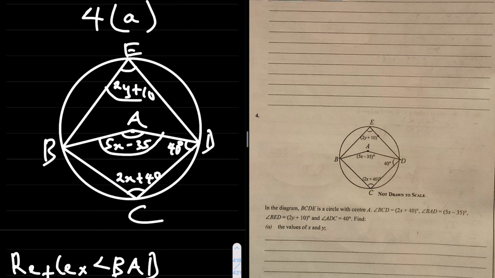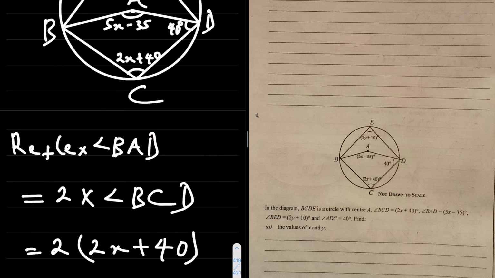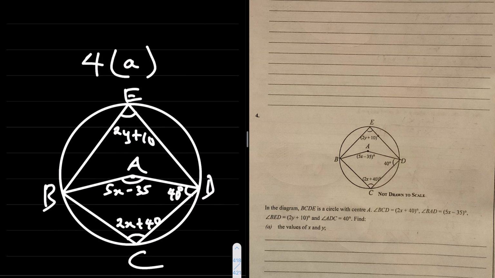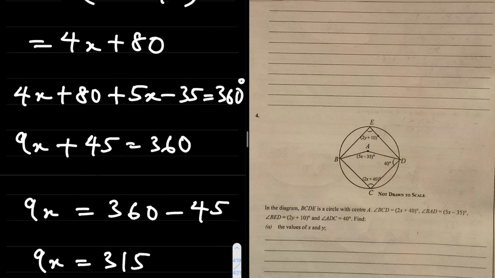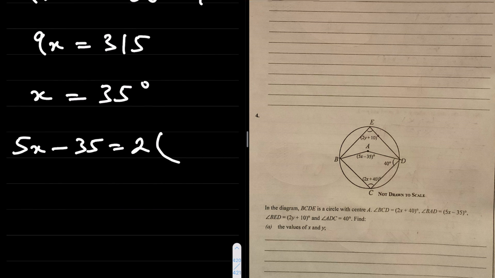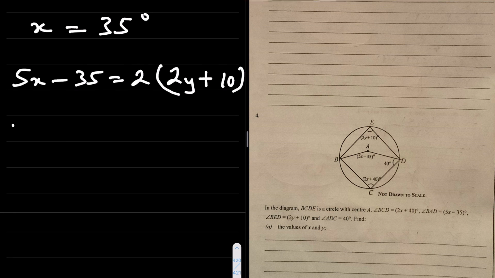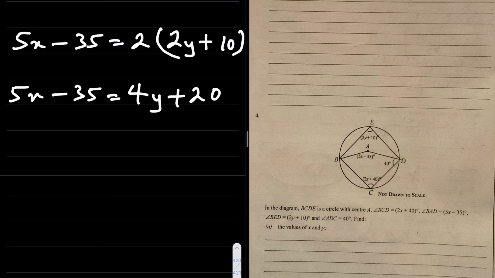Angle at center equals twice angle at circumference. That means 5x minus 35 equals 2 times (2y plus 10), which simply means 5x minus 35 equals 4y plus 20.